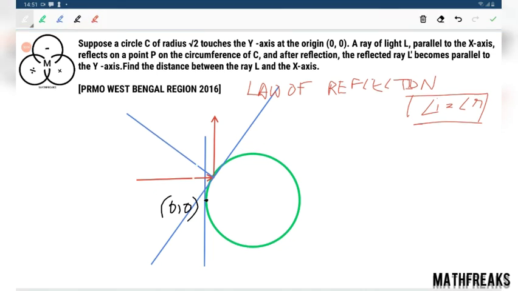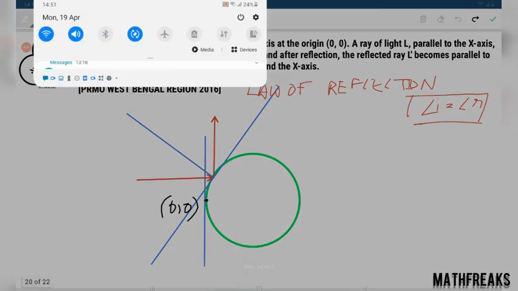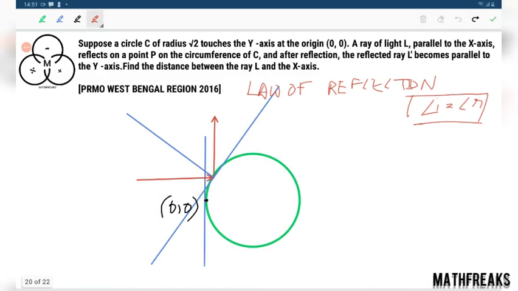This angle equals this angle, and if we add them we get 90 degrees. I plus R equals 90. Twice I equals 90. I equals 45 degrees.